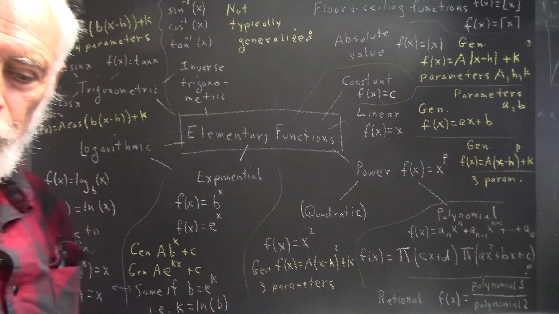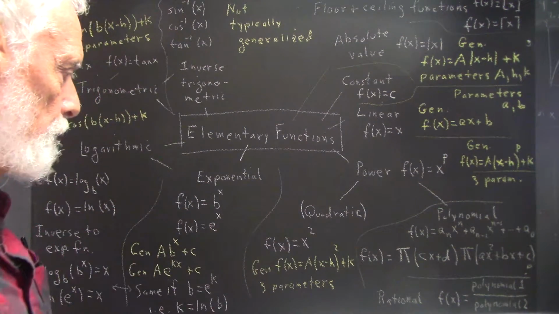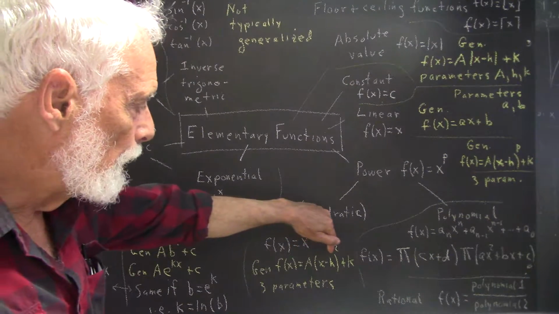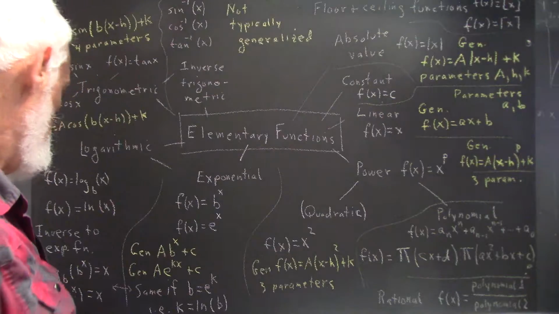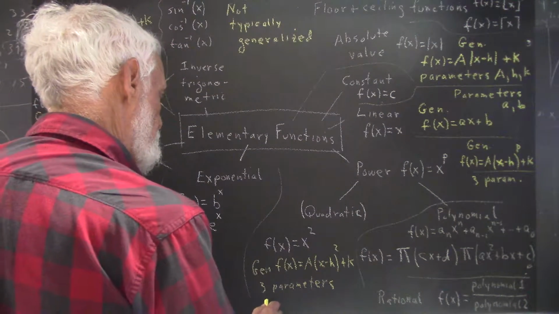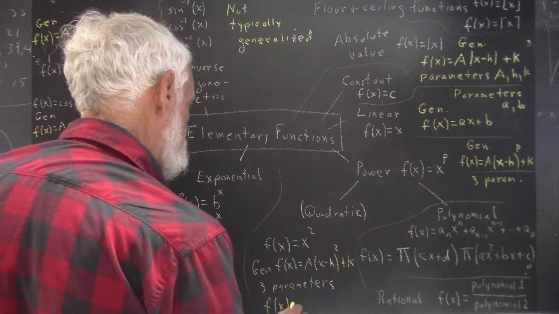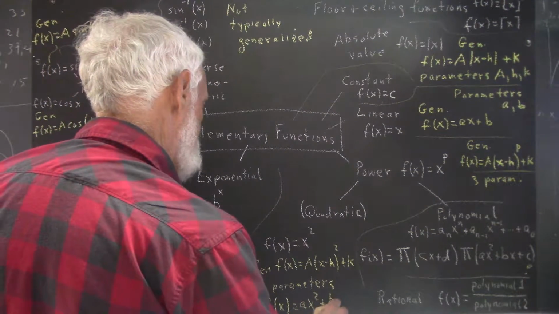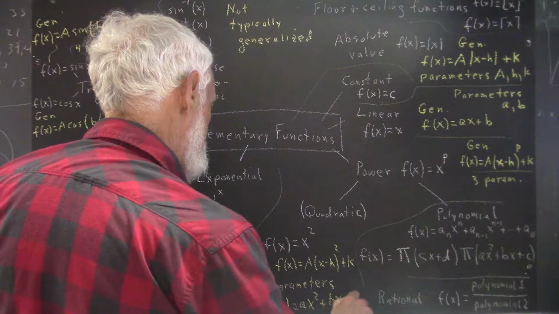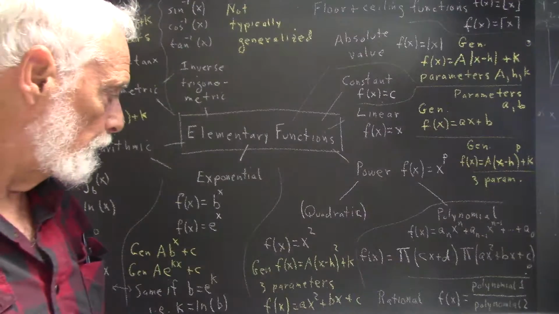Now you have quadratic functions. When you generalize a quadratic function, you use the same three parameters that you would for a power function. Also there's another form that's more familiar: f of x equals ax squared plus bx plus c. This is something we'll call the vertex form.